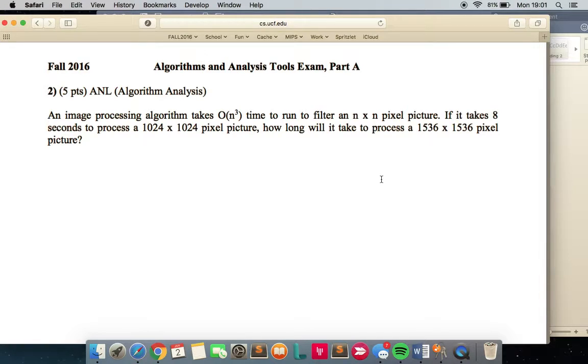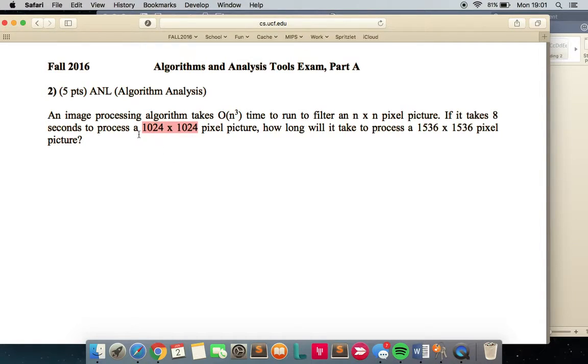Okay, so for these types of questions, it's just a matter of deciphering what they want in the problem statement and translating it into a math equation. So you're given a runtime of n cubed, and it's saying that this is the runtime it takes for an n by n pixel picture. And that's great because the next sentence gives you an example of what is the actual time for an n by n pixel picture.